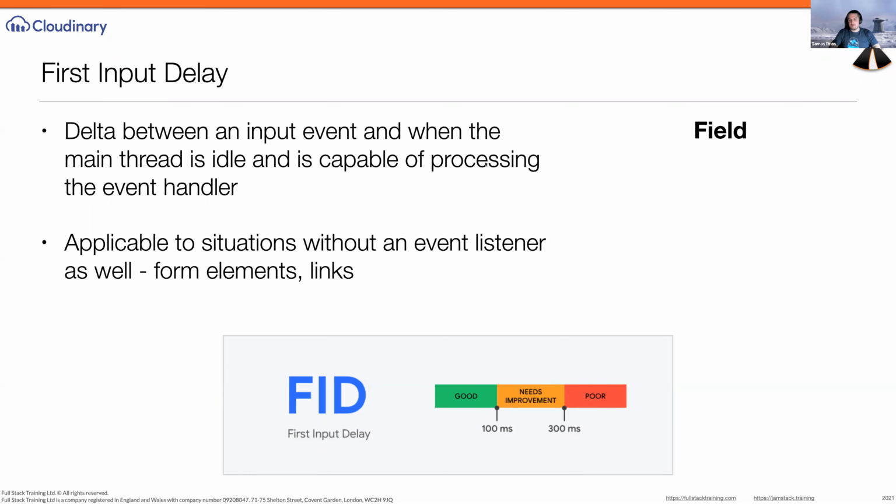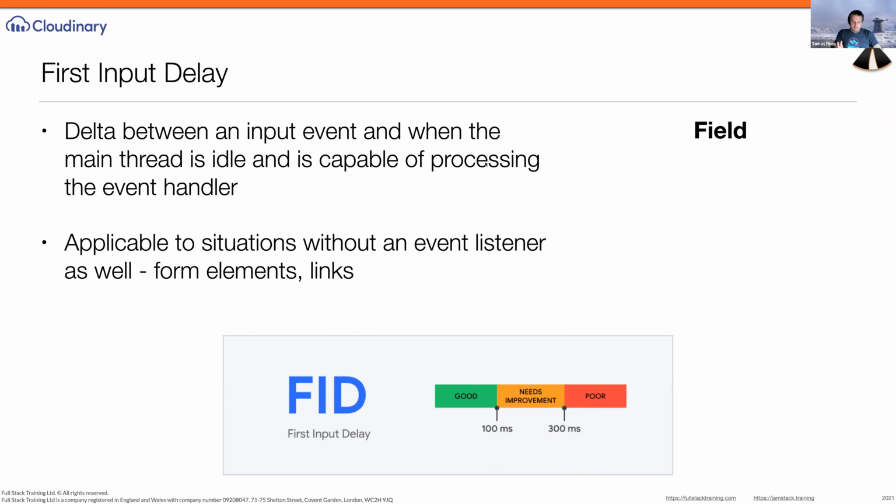And this is trying to make you think about not blocking the browser main thread. Again, they set up a couple of values. If your first input delay is 0 to 100 milliseconds, you're good. 100 to 300, you need to start to think about what you're going to do. Anything beyond 3 seconds is going to result in a poor first input delay.